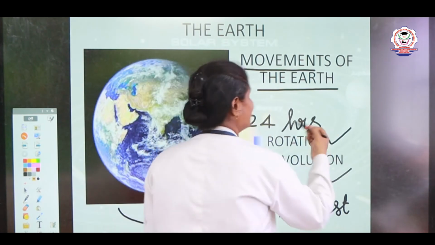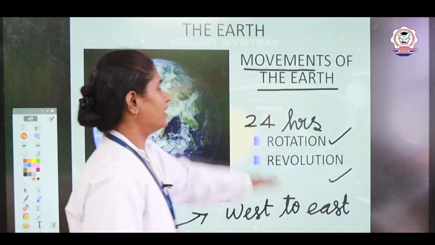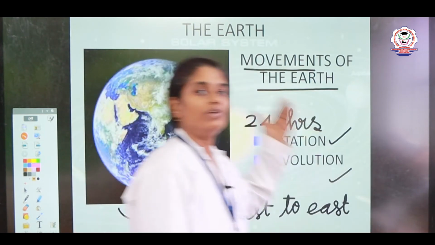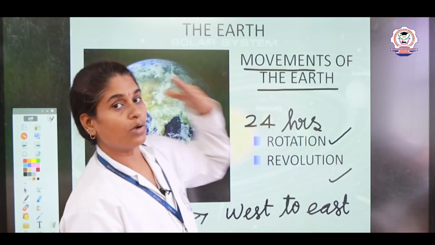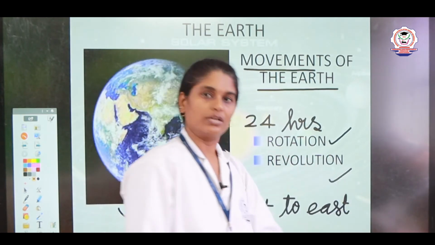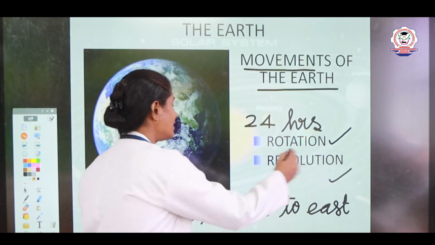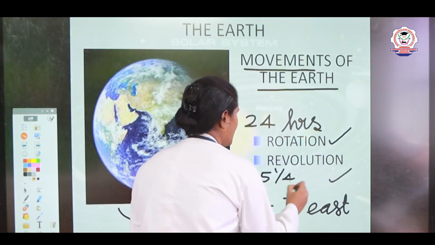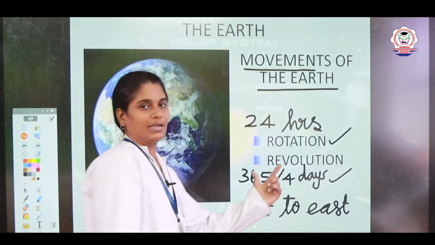So that causes day and night, right? The second one is revolution. Revolution is when the Earth revolves around the sun in its orbit. For revolution, the Earth takes 365 1/4 days to complete one revolution, that is 1 year.